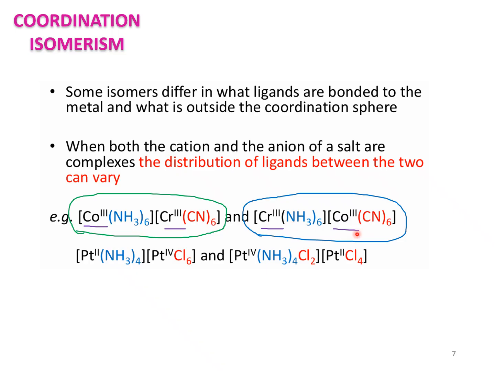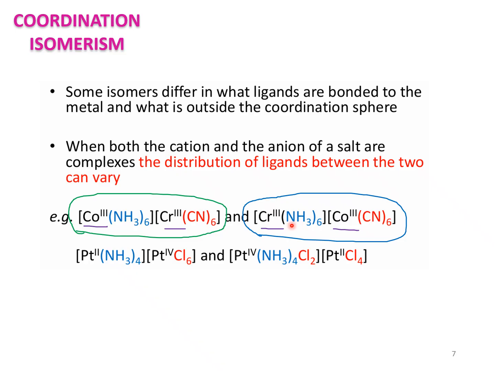While in compound 2, cobalt 3 coordinates to cyanide, an anionic ligand. And in compound 1, chromium 3 coordinates to cyanide, but in compound 2, chromium 3 swaps the ligand to ammonia. Now this is what we call coordination isomer.